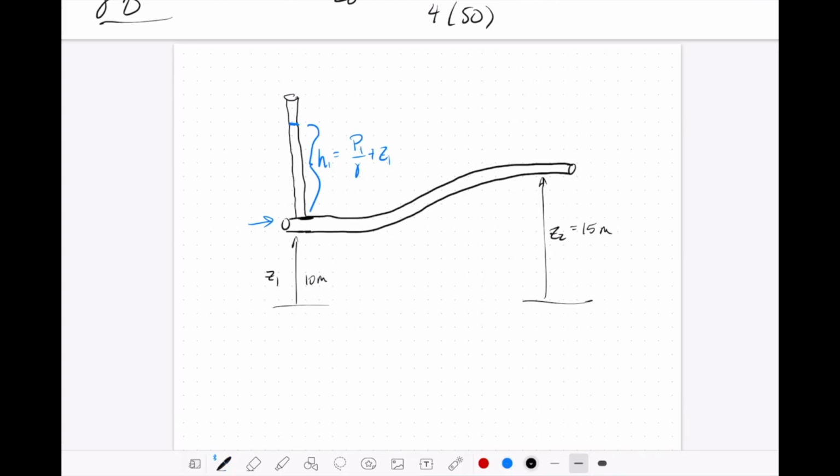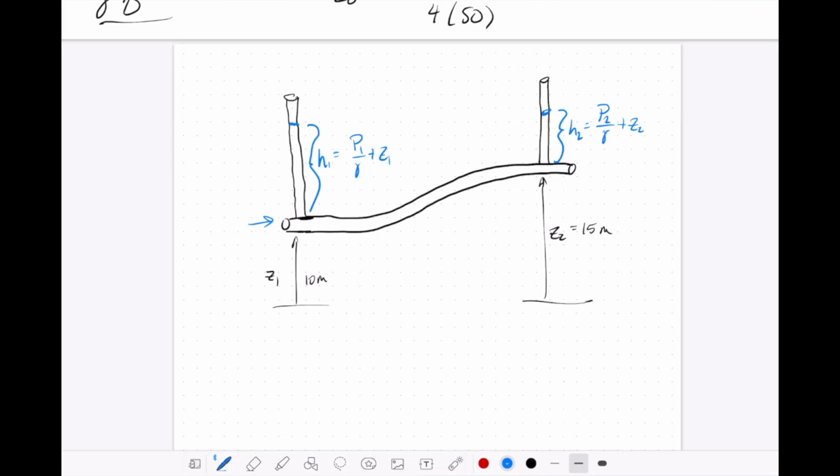And then we did the same thing at point 2. Let's just put a tap, open it up to the flow, and let the fluid flow up at that point. And we would get H2, which is equal to P2 over gamma plus Z2. So they're different than the actual elevation of the pipe. It's just referring to the pressure head that would be generated.